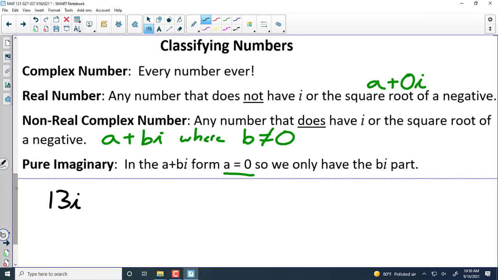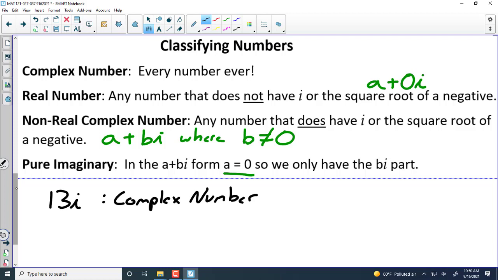Here's 13i, everyone. It's a number. Is it a complex number? Yeah, it's a complex number, because every number is a complex number. Is it a real number? No. Why do you say it's not a real number? Because it's got the I. Okay. Is it a non-real complex number? Is it not real? Yes.